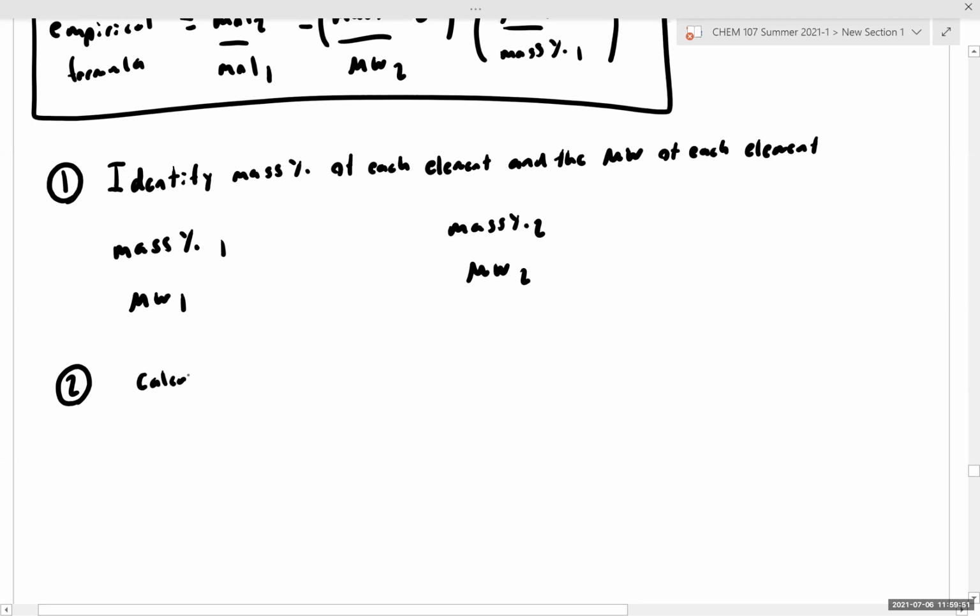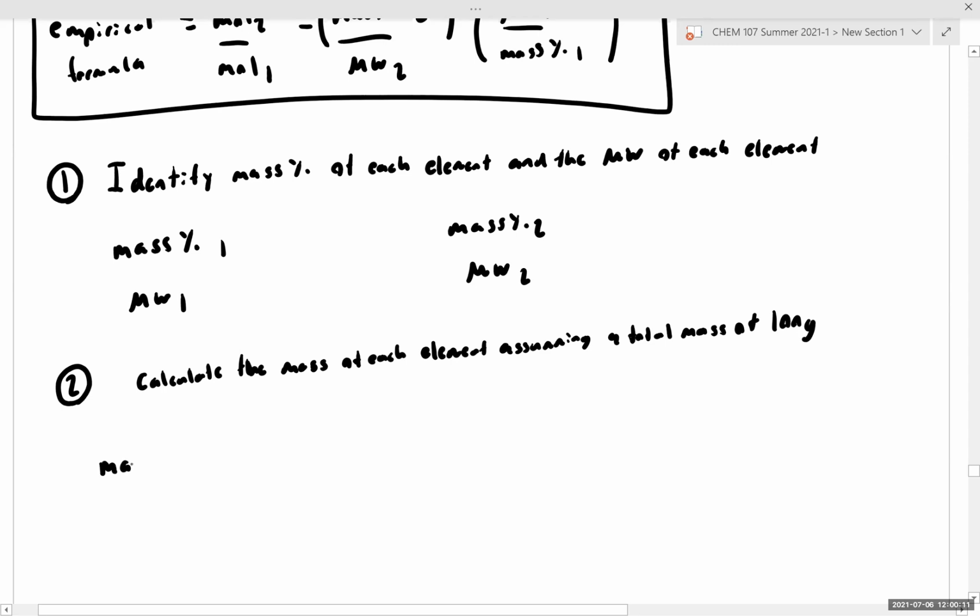Next, you can calculate the mass of each element, assuming a total mass of 100 grams. So we know that the mass of element 1 would be equal to the mass percentage over 100 times the total mass.